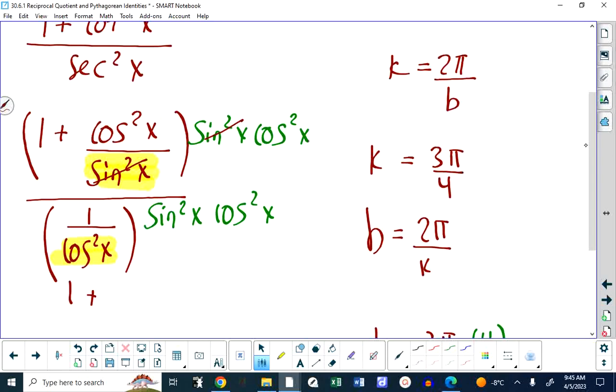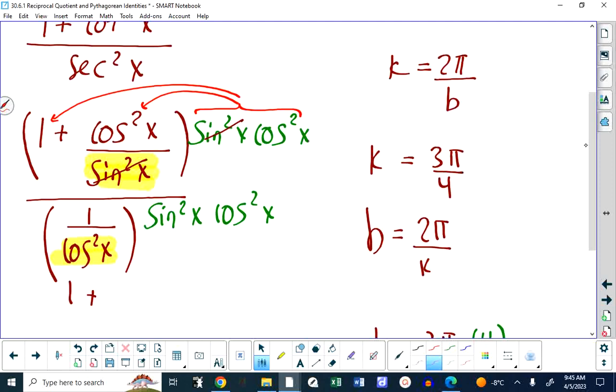Mariana, do you know? Right. I have to multiply this by the 1 and by the cos squared over the sine squared because of that plus. Okay? It's not like it's times and I can just cancel and move on.